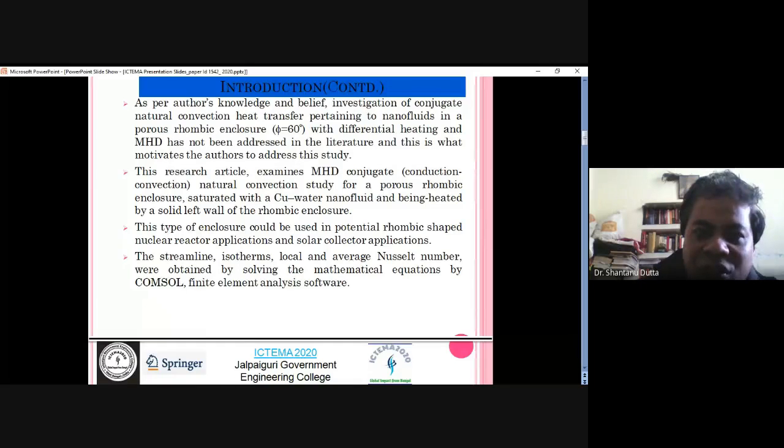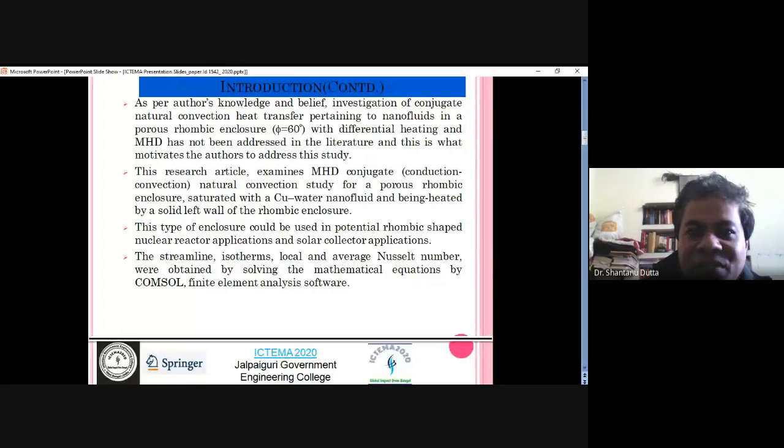So there were a lot of complications in this study. Not only is the enclosure saturated with nanofluids, but it is also a porous enclosure. It also has a thick wall. The assumption is that one wall has been considered to be thick, and the other walls have no thickness.